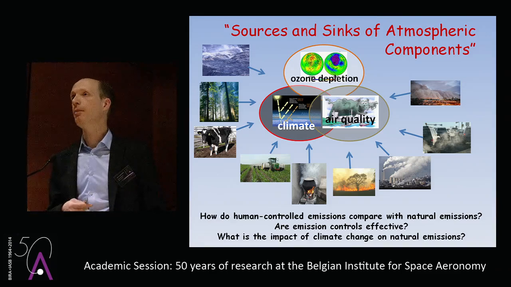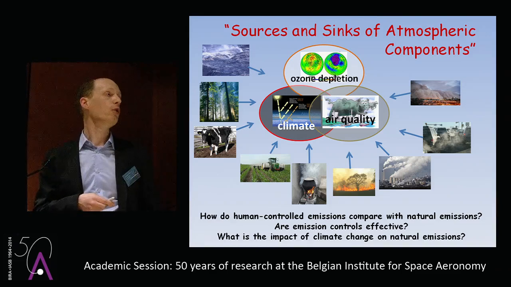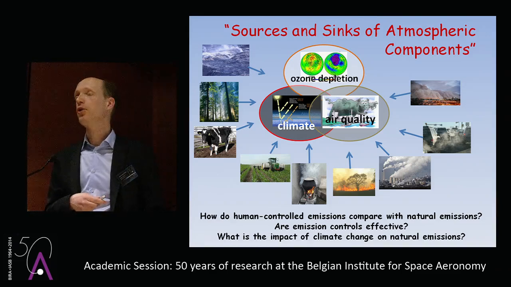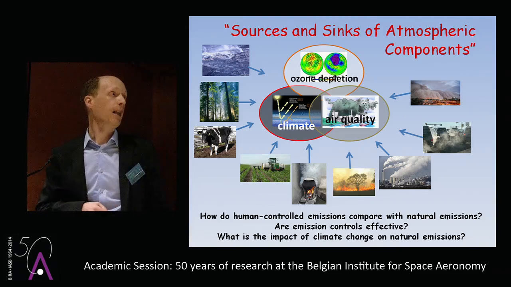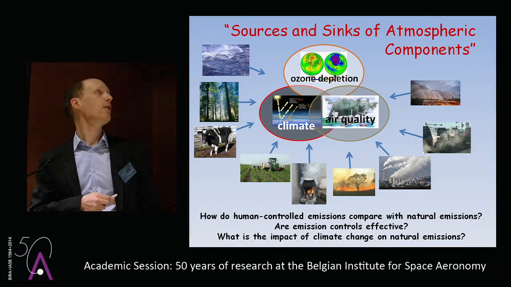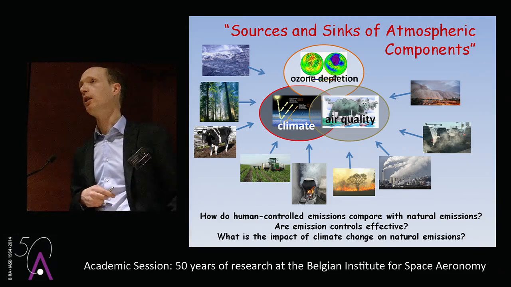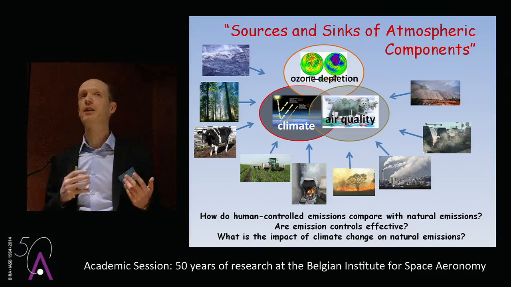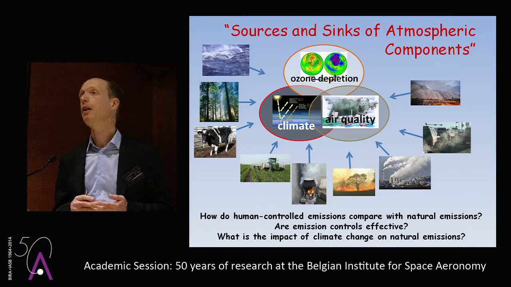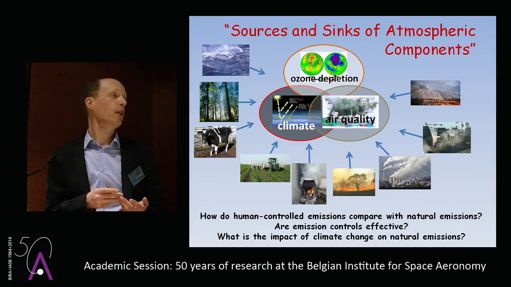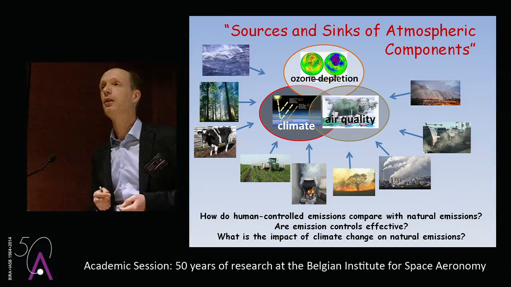There are emission regulations, and we want to know if those regulations are working or not. And since the Earth system is changing quite rapidly, how are these changes affecting the natural emissions?